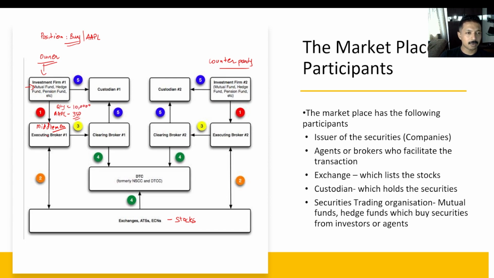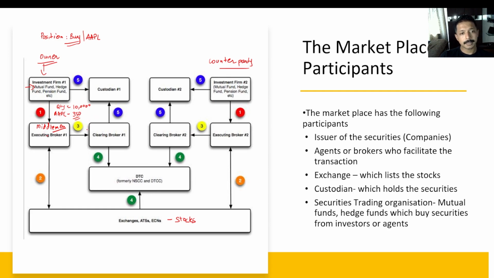Now, the executing broker would have different other brokers along with it, who would try to find whether such a trade is possible, right? They will try to find a counter broker who would have the security and is willing to sell at 350, right? Now, this is where it becomes interesting, right?